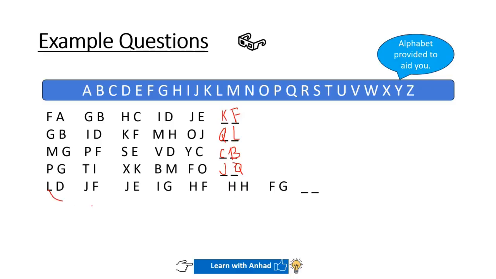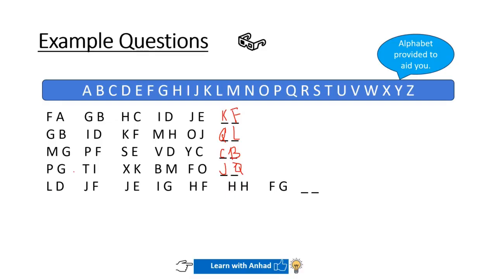So you go L to J there, and then J to H, and then H to F. So you don't want to figure out the wrong sequence, because if I figure out this sequence, then it's going to take me here, and I want to figure out that one there. So you start from the second one, because there we go. That gives me the answer. See? From there to there, there to there, and there to there. That'll give me the answer. So let me just rub this out.